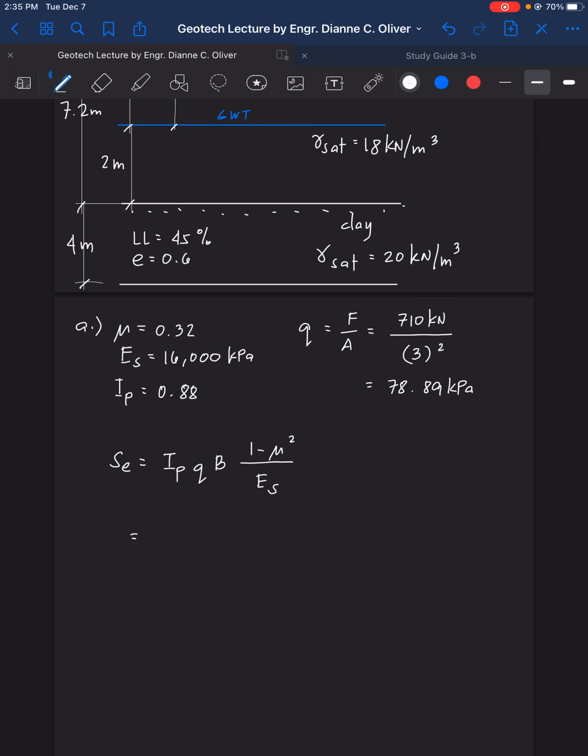Substitute all values: 0.88, 78.89. This is 3 in millimeters; 3 meters becomes 3,000 millimeters. 1 minus mu over E sub S, 16,000. Okay, so squared.